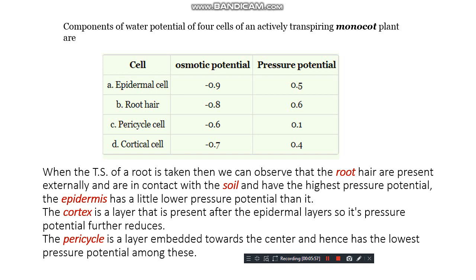Here we have an example for a monocot plant of different cells. The root part has, as you can see, a maximum pressure potential. Then the epidermal cell follows with 0.5 pressure potential, and then the cortical cell, then the per cell is the minimum, because it's towards the center of the plant cell.